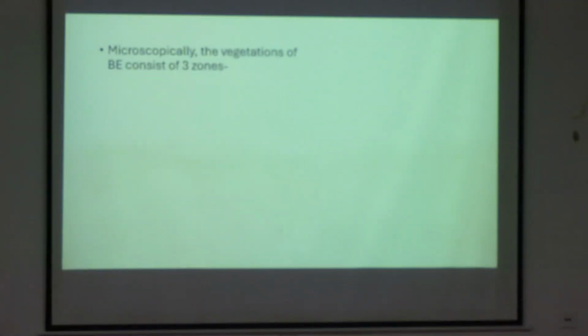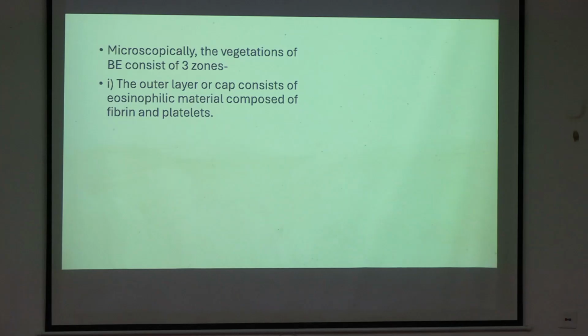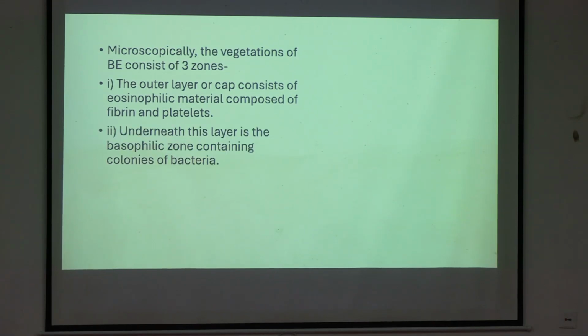So microscopically the vegetations in bacterial endocarditis consist of 3 zones, okay. So the outer layer or the cap consists of eosinophilic material composed of fibrin and platelets. First zone. This is the outer. Then beneath that is the basophilic zone containing the bacteria.